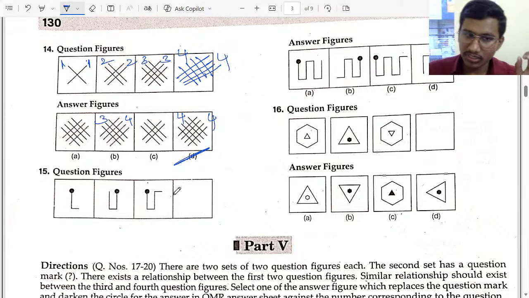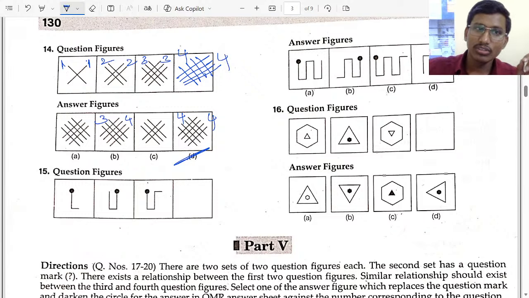It will come down again. So it was like this, then it became like this, okay? So it increased on that side. It rotated and then increased, then it rotated and then increased, then again it will rotate. So we have to rotate here, okay?